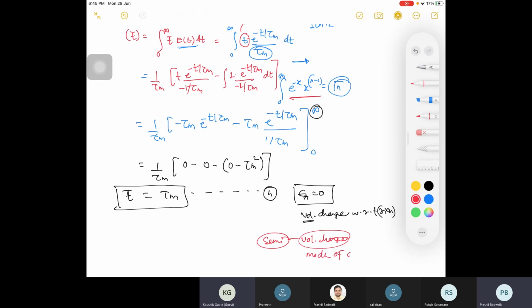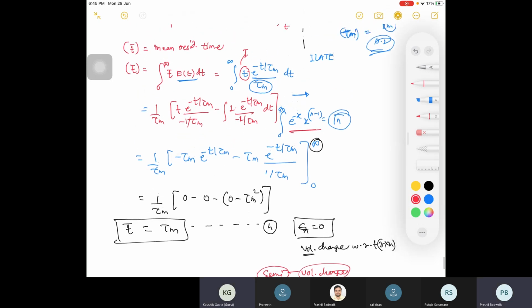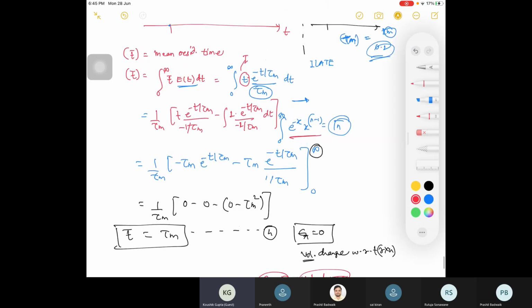Sir, here another t will come now, sir. Which? Here, second step. Third step: minus tau m into t into e power minus t by tau m. It is t. So when we keep it from 0 to infinity, it will be infinity, no, sir? Means it will come as infinity by infinity term. Yes, you will be having, but see, suppose if you substitute here e power minus infinity, that is your 0, and if you multiply anything by 0, that is your 0.